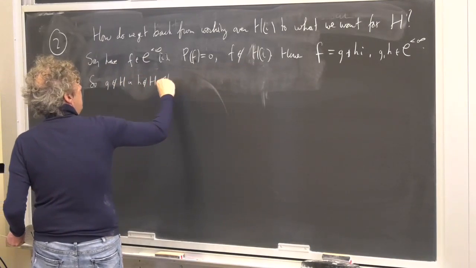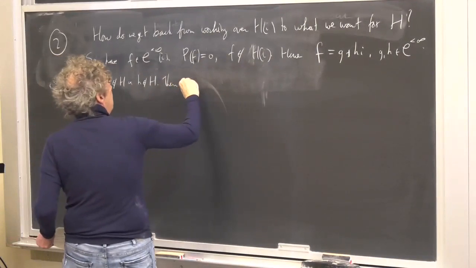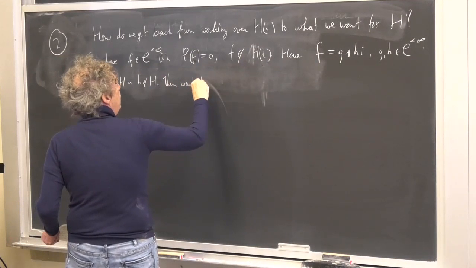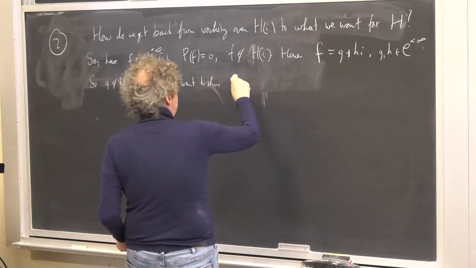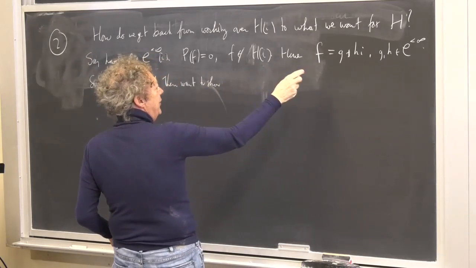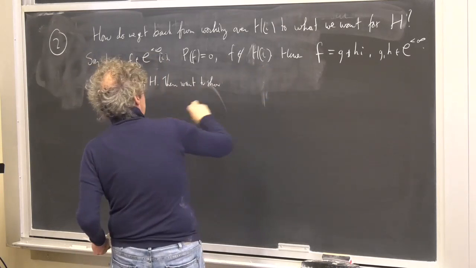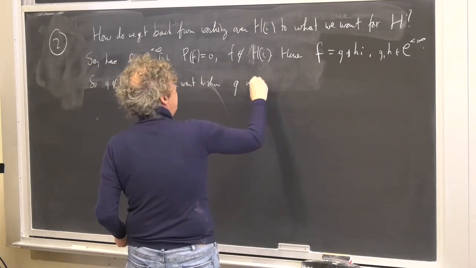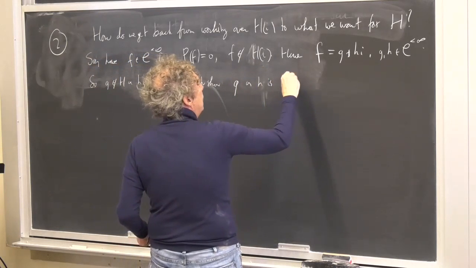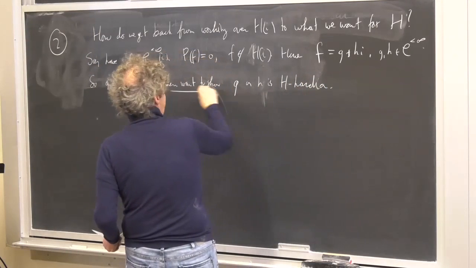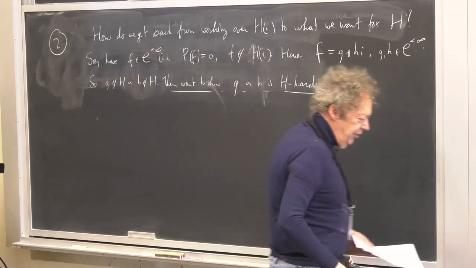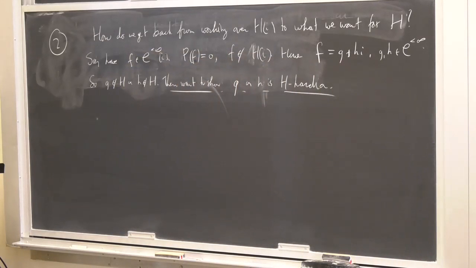And then we want to show that either this one or that one, G or H, is H Hardian. Yeah. And then we would again be done. The problem, this is very tricky.